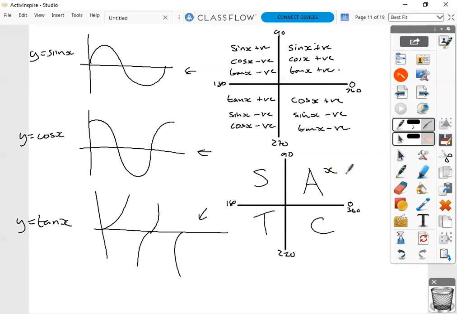Between 90 and 180, we'll have to do 180 minus our solution. Between 180 and 270, this will make more sense when we actually do the questions, it's 180 plus our solution. And between 270 and 360, it will be 360 minus our solution.